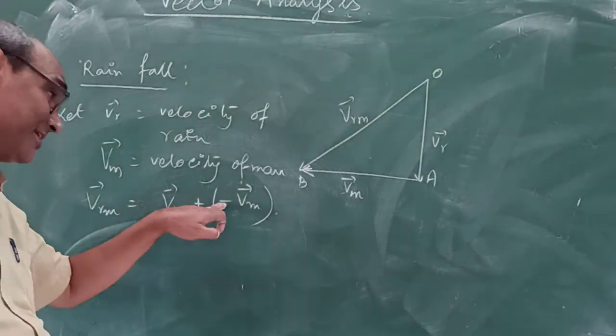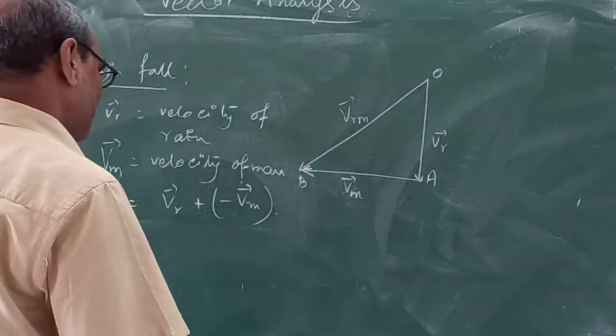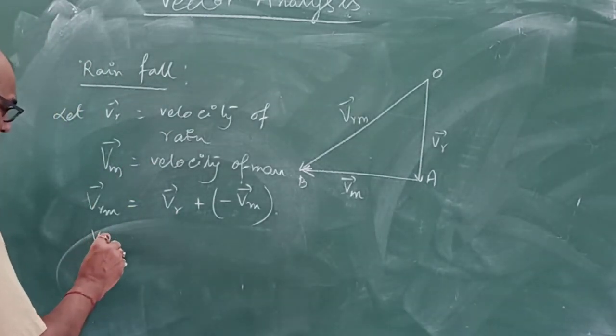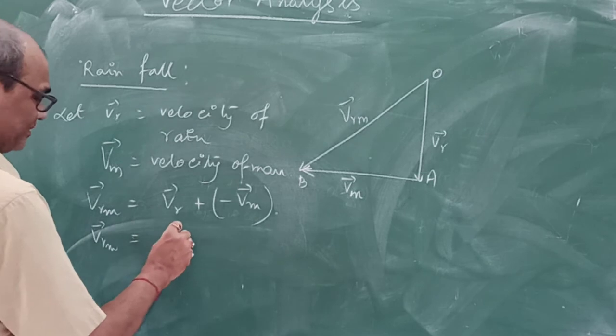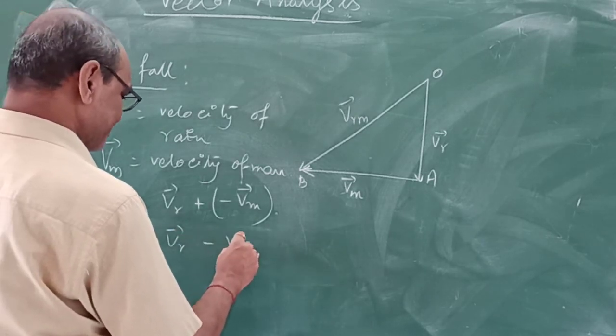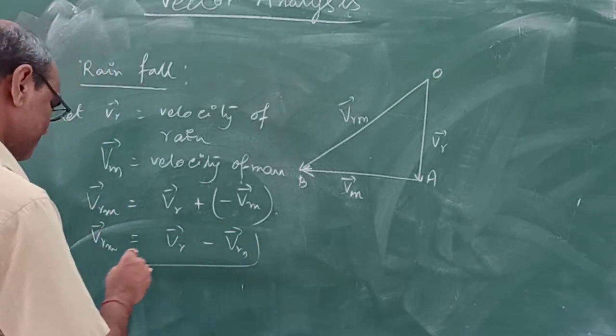Therefore, we write here the minus sign. And then we get Vrm is equal to Vr minus Vm in vector form.